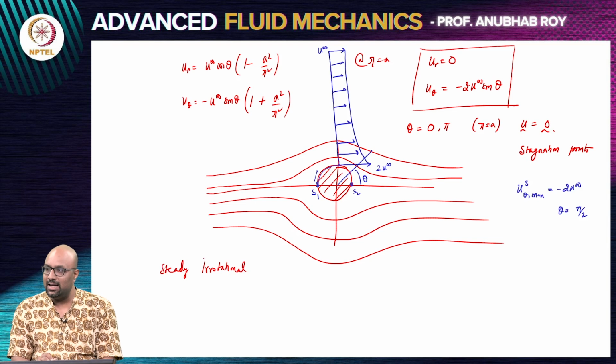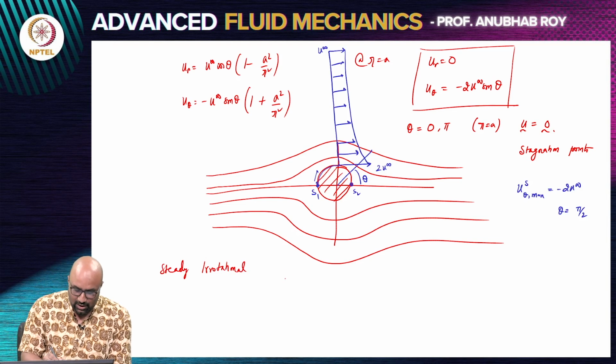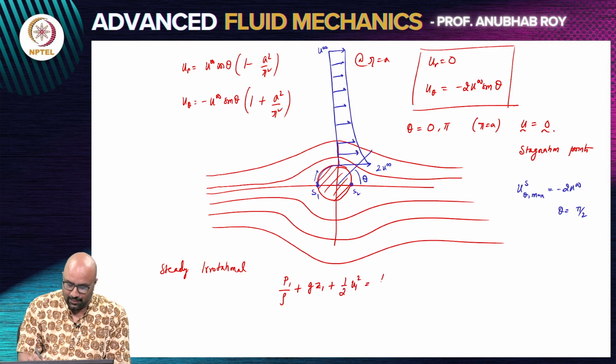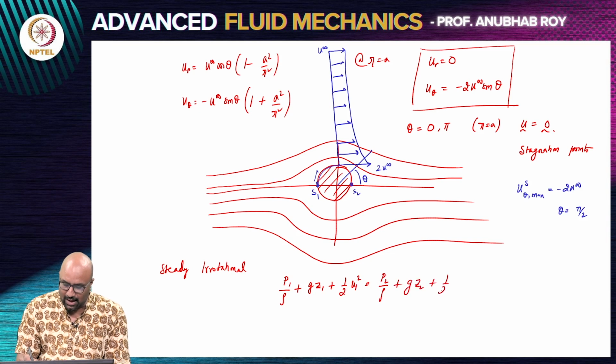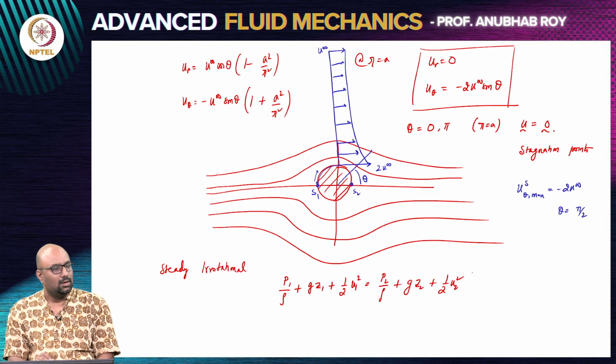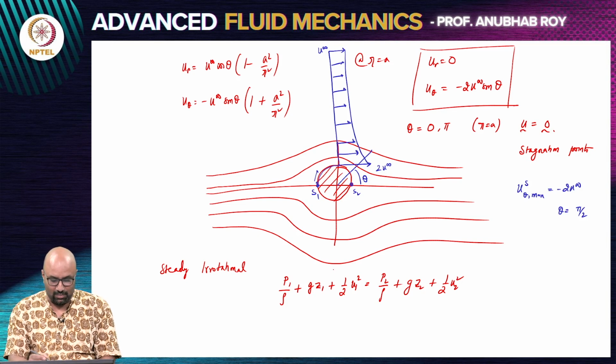So, I have a steady irrotational flow, which means I can use the Bernoulli equation and write down P1 by rho plus g z1 plus half u1 square is P2 by rho plus g z2 plus half u2 square. Now, we are not looking at any elevation differences. There are no elevation differences in this problem, so z1 and z2 are the same.